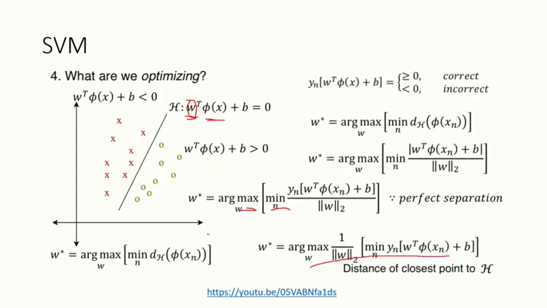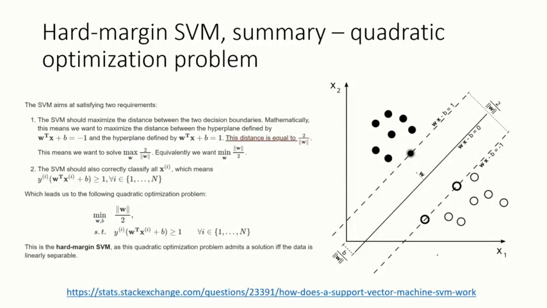So you make this distance of the closest point to the line as easy to compute as possible, then throw all this formula to the optimization machine. Then the optimization will find the answer for you.